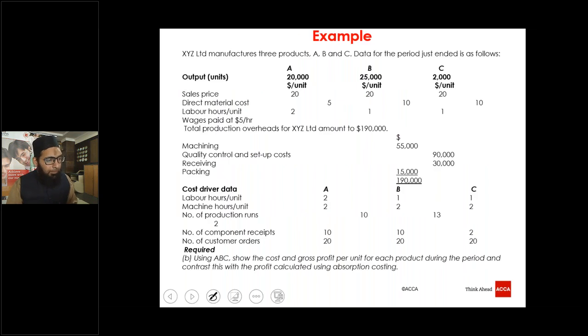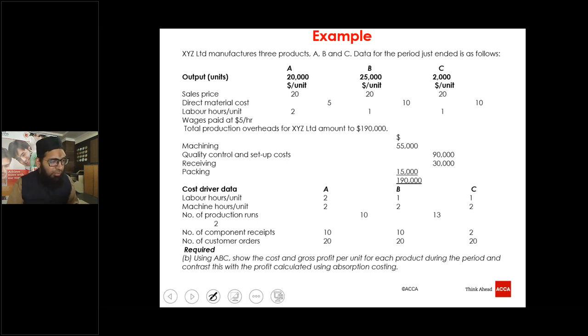Let's see the example. The requirement is: using activity-based costing, show the cost and gross profit per unit of each product during the period, and contrast this with the profit calculated using absorption costing.